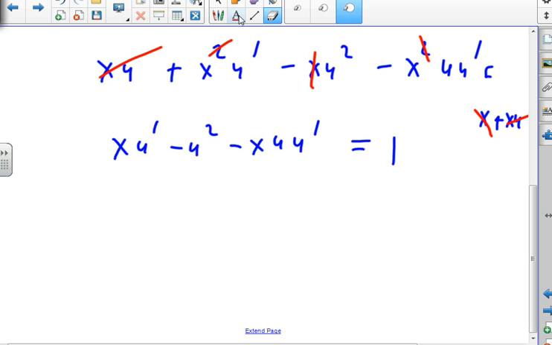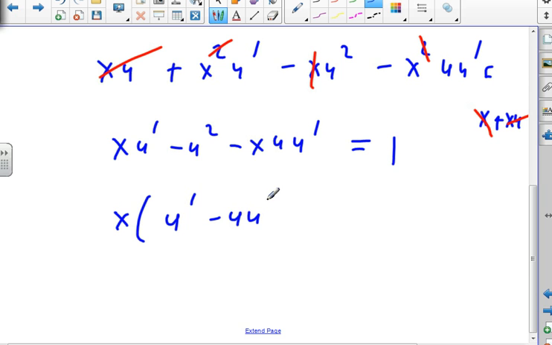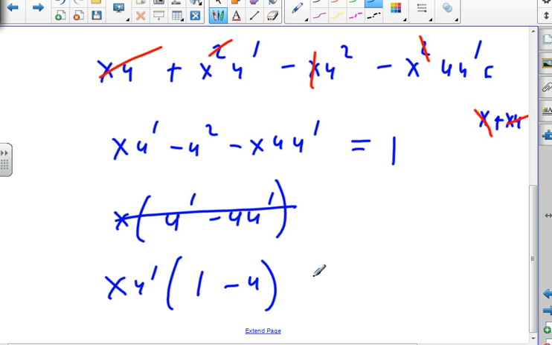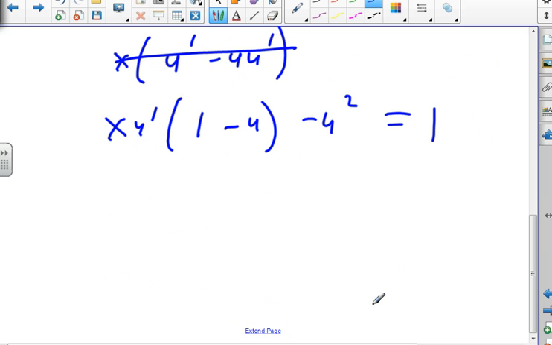If I had that, I could say x times u prime minus u prime. No, I could say x u prime times 1 minus u minus u squared is equal to 1. I don't see where that helps any either.